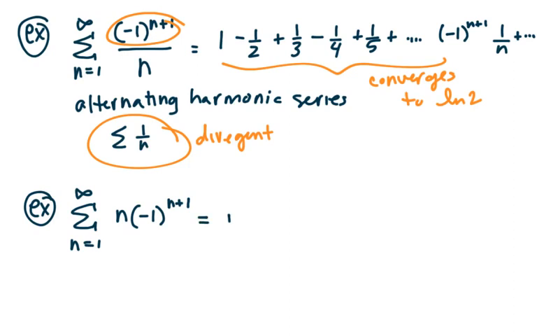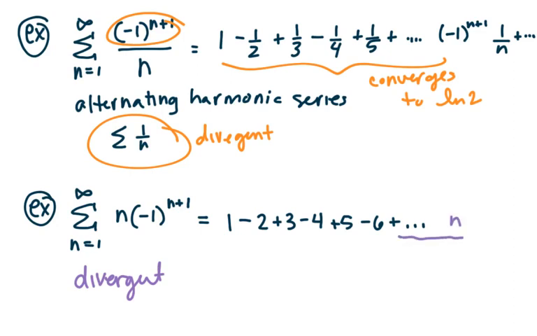And this would just equal 1 minus 2 plus 3 minus 4 plus 5 minus 6, continuing on. And this is just a general alternating series, but this guy is divergent, all right? So this is divergent because the nth term, coming off this way, some n value, the nth term does not approach 0.